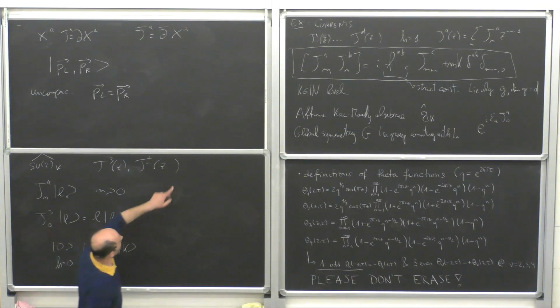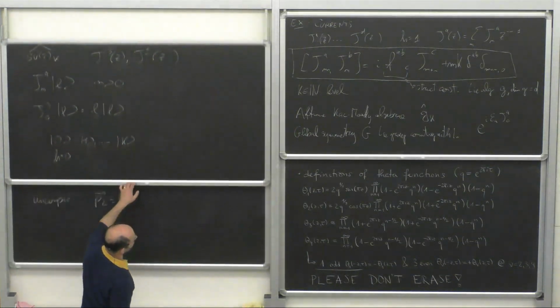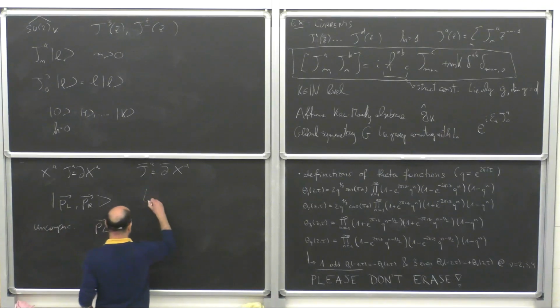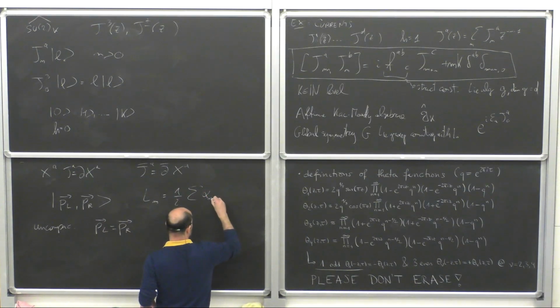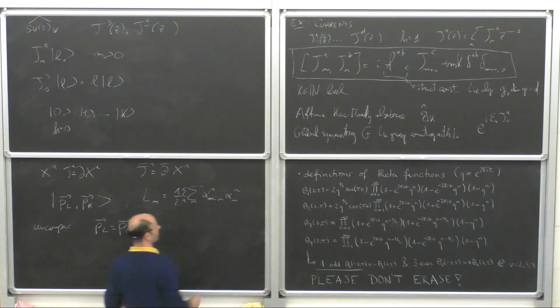I can be more explicit for U(1)^D. So for U(1)^D, the Virasoro generators you can write in this way: L_m = 1/2 sum over n and sum over a of α_{m-n} α_n.